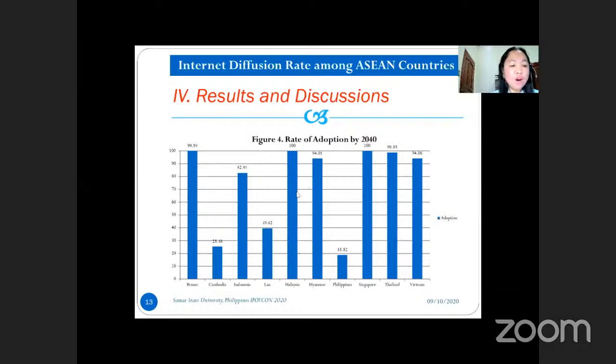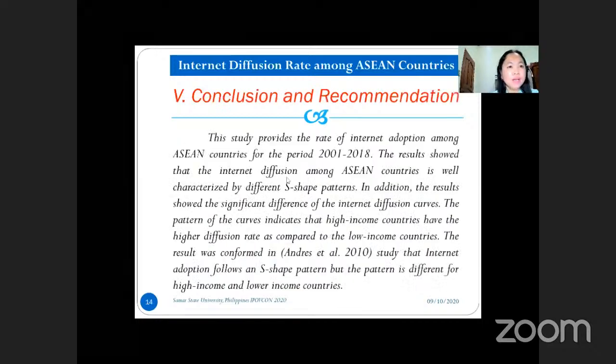This implies that 100% of countries' total population are expected to use the internet based on the forecasting results of the BUS software. Moreover, Singapore is constantly dominating in terms of internet adoption across the ASEAN region, which is followed by Brunei, Thailand, Vietnam, Myanmar, and Indonesia, while Laos, Cambodia, and Philippines are lagging behind.